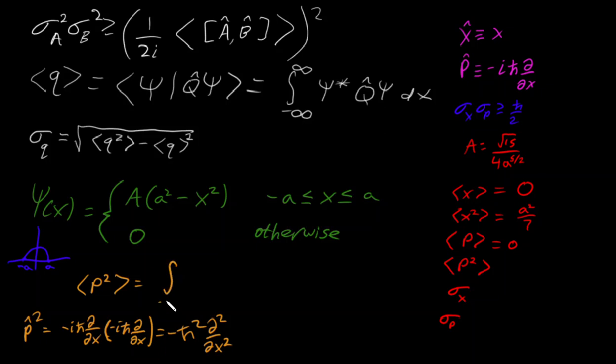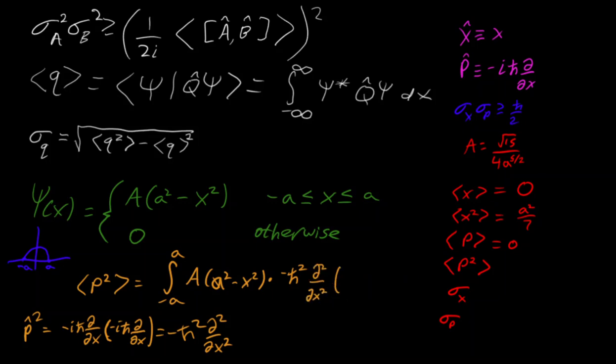So this is going to be the integral from negative a to a of a squared minus x squared. Again, these are using the value of a that we found, root 15 over 4a to the 5 halves, times negative h bar squared d squared by dx squared.